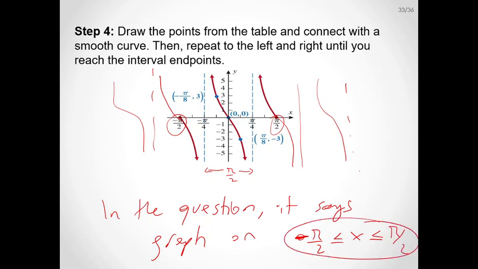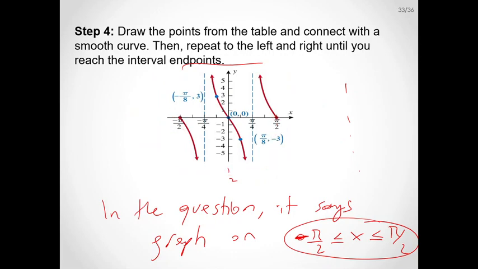X's will be between minus pi over 2 and pi over 2. So it means you will take this piece of the graph, and we don't need to show the other parts. This is why we are showing this part of the graph, minus pi over 2 to pi over 2.